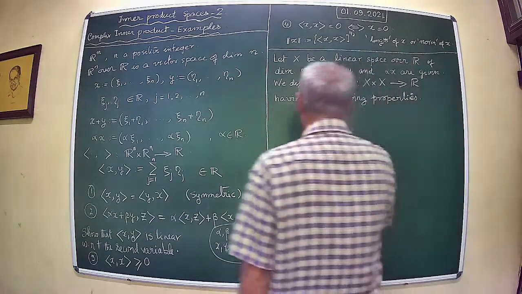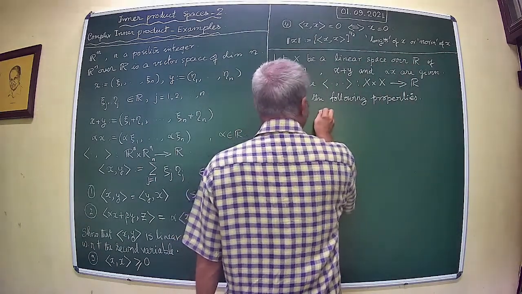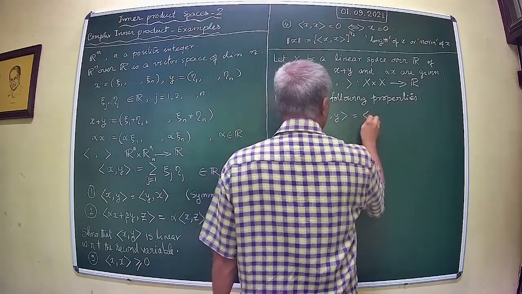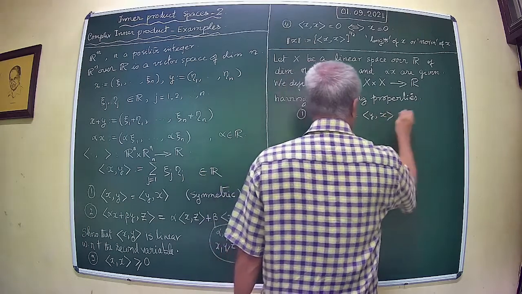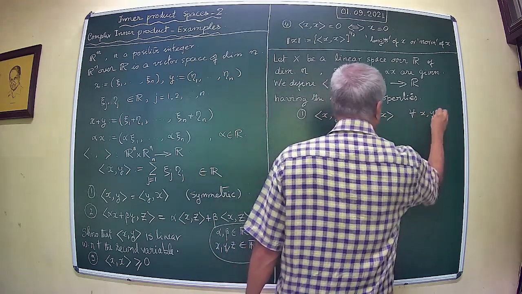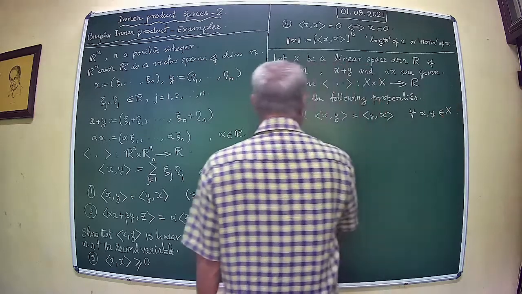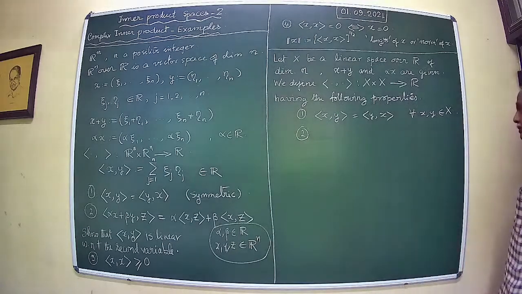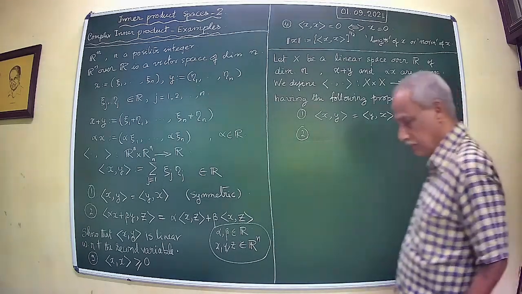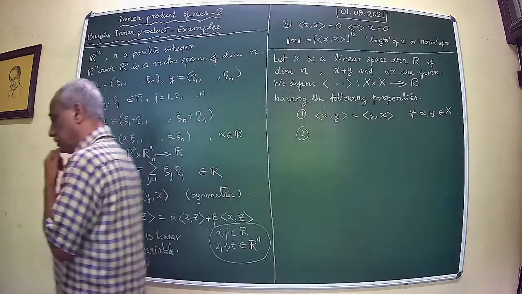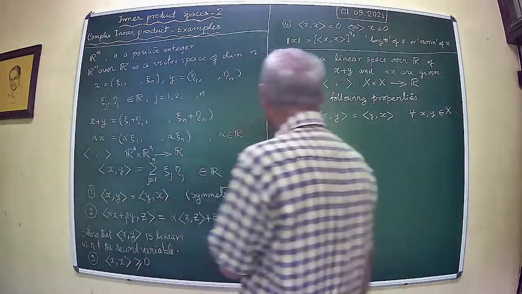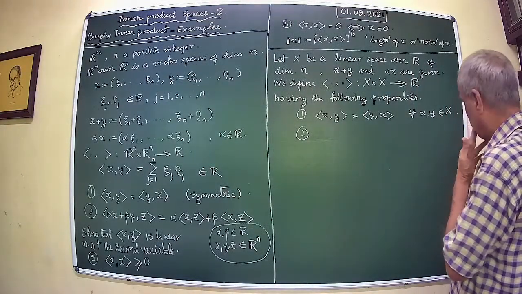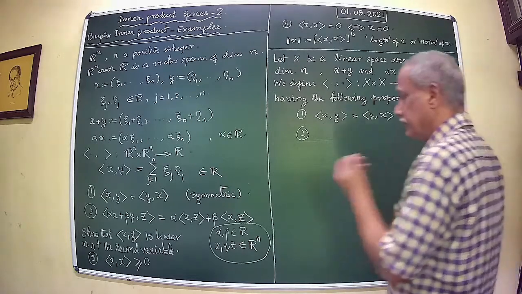The properties are, the first property, that, two, that is the image of the ordered pair xy is the same as the image of the ordered pair yx. The second property is the linearity.